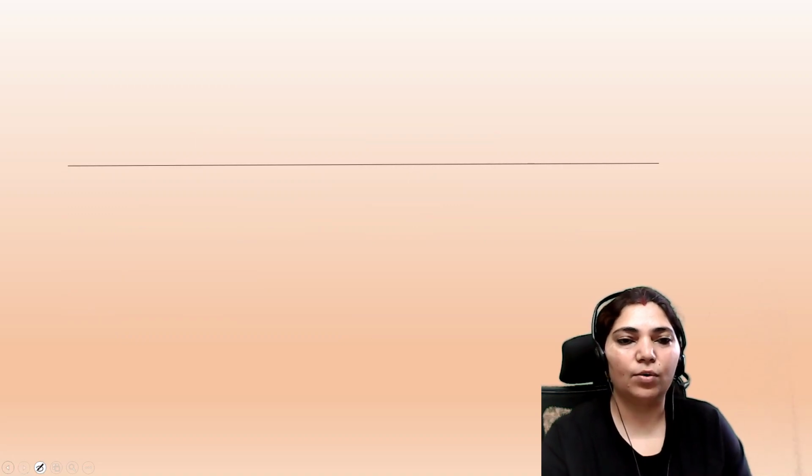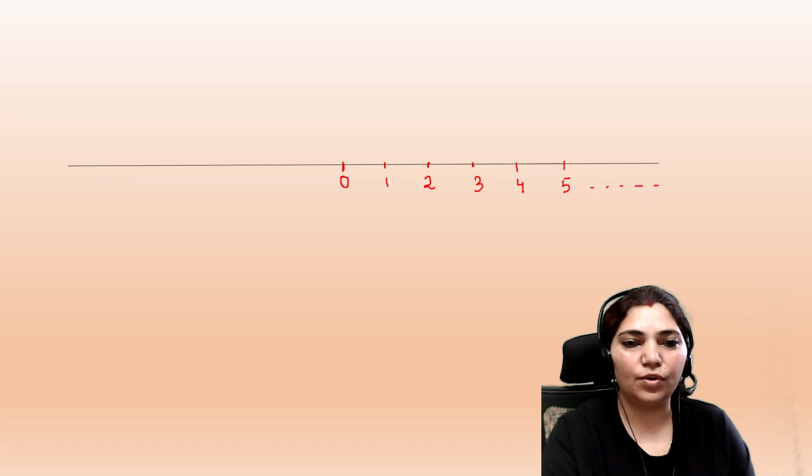Now if I want to show integers on a number line, how will I show them? You have to take equal distances first of all. Take your scale and mark equal distances. There will always be a 0 in the middle, and on the right hand side we will see all the positive numbers, continuing to increase towards the right.